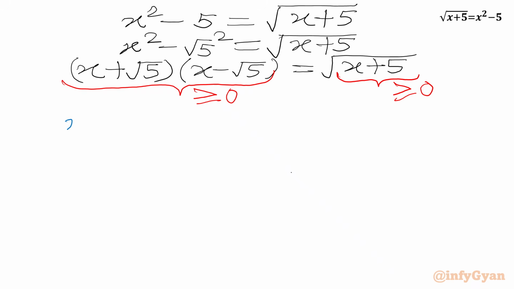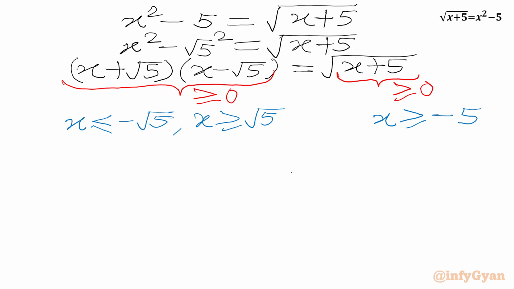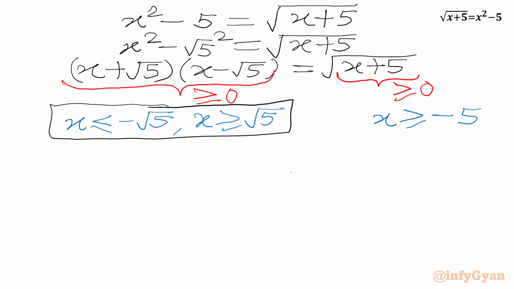So I will write here x should be less than or equal to −√5, or x should be greater than or equal to √5. Then from the RHS inequality, we will get x should be greater than or equal to −5. So we have two conditions, one from LHS and the other from RHS.